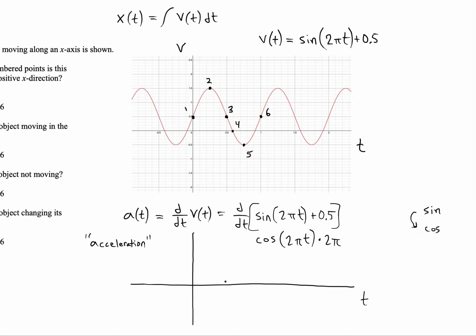Alright, so what's that going to look like? Well, let's see. We'll have a cosine graph. I'm just marking some important points on the graph, trying to line them up with the above.